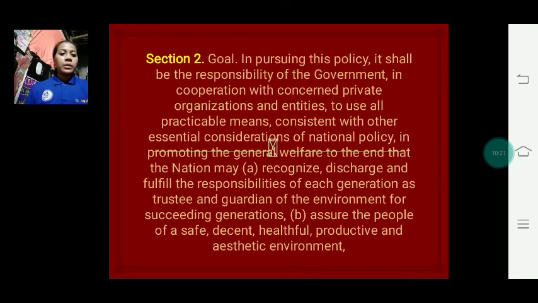B. Assure the people of a safe, decent, healthful, productive, and aesthetic environment.